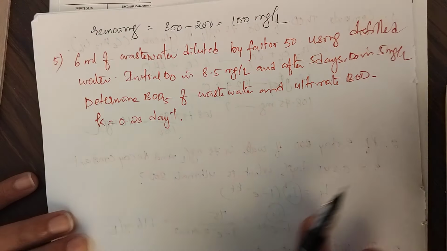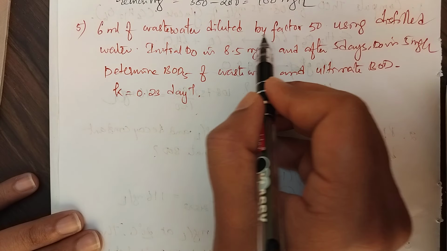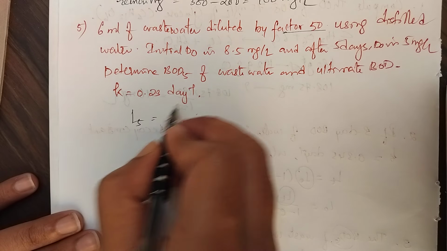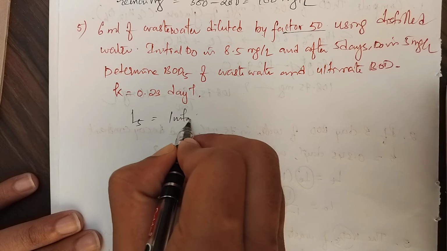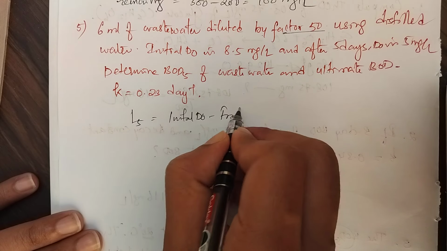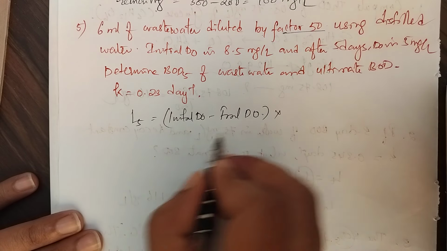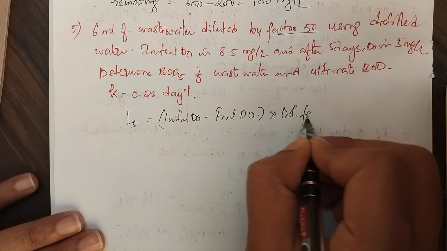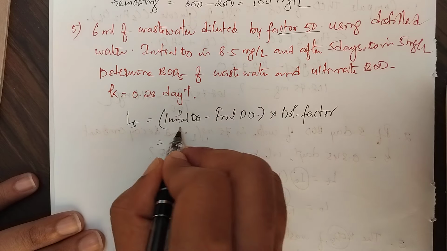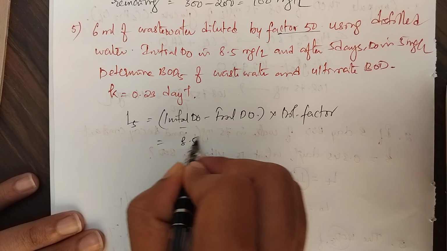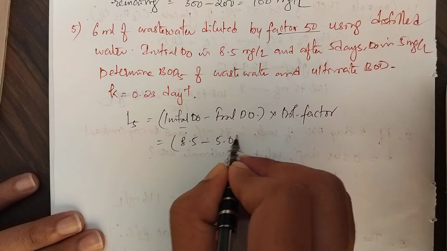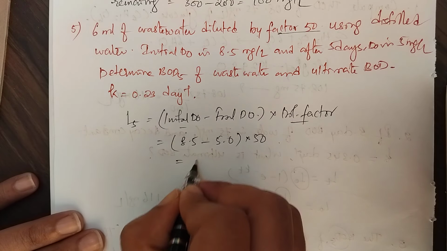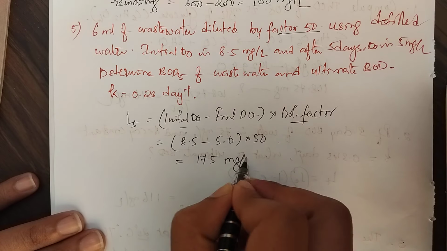So it's a direct problem, just the difference is here factor is given instead of fraction. So L5 would be initial DO minus final DO into dilution factor. Initial DO is 8.5 minus final DO 5.0 into dilution factor 50. So this gives 175 milligram per liter.